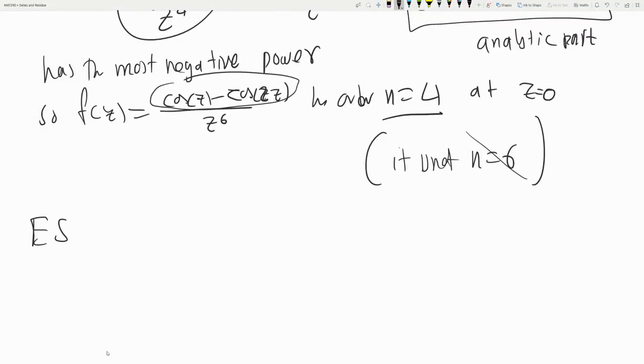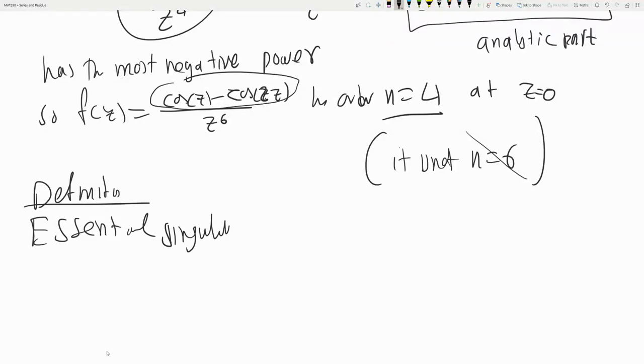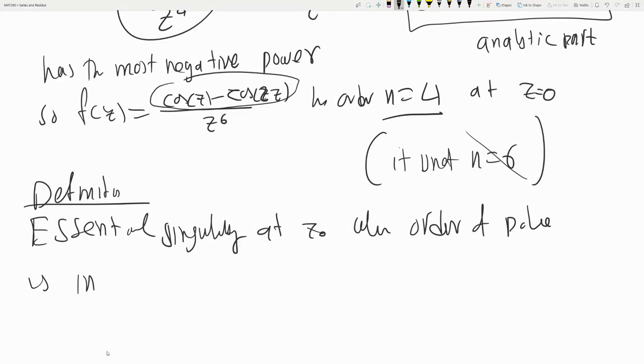So the essential singularity definition: at z naught, when the order of the pole is infinite. So n equals infinity.